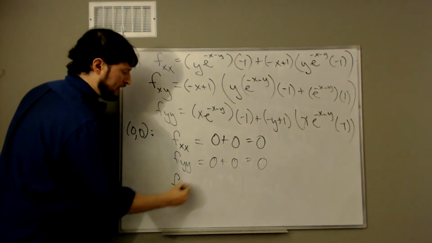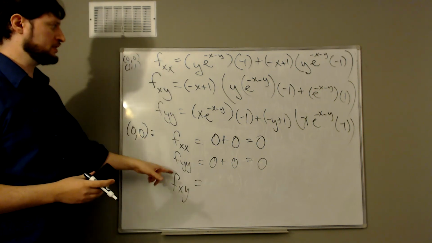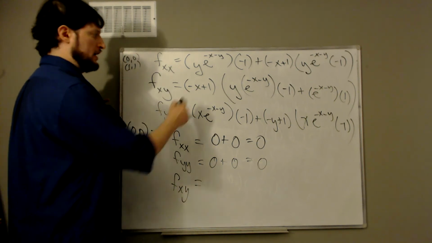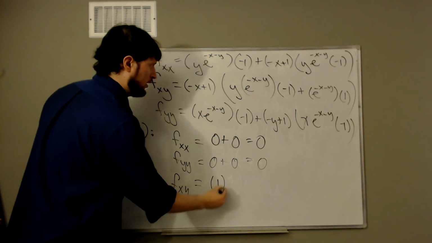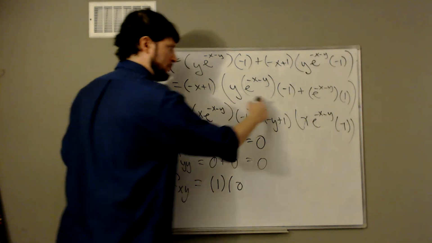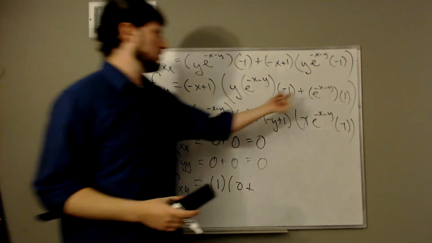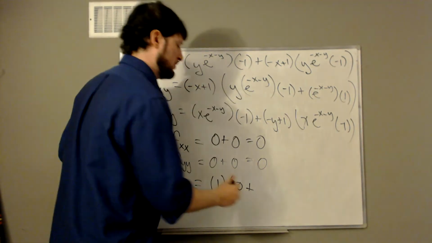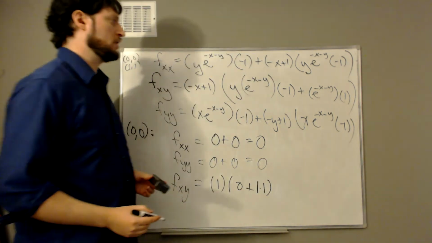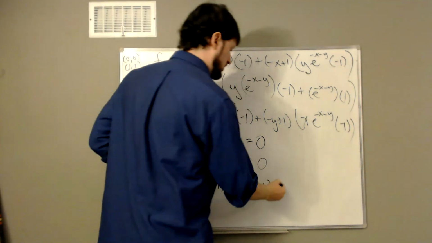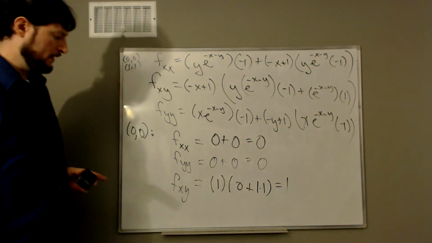f sub xy. Now when I plug in 0, 0, I'm not going to get 0 back. I'm actually going to get 1 times 0. That piece is all 0. When I plug 0, 0 in here, I get e to the 0, which is 1 times 1, which is 1. So f sub xy is 1.